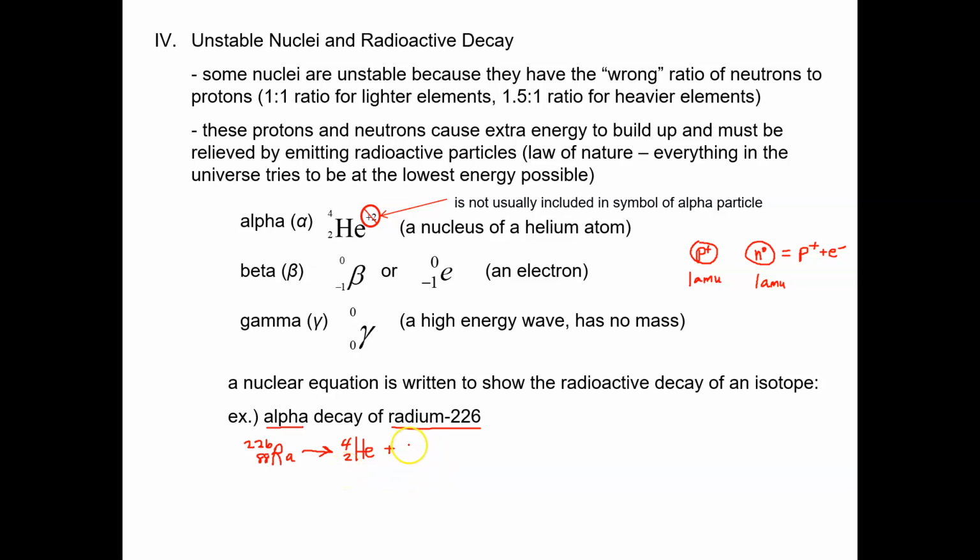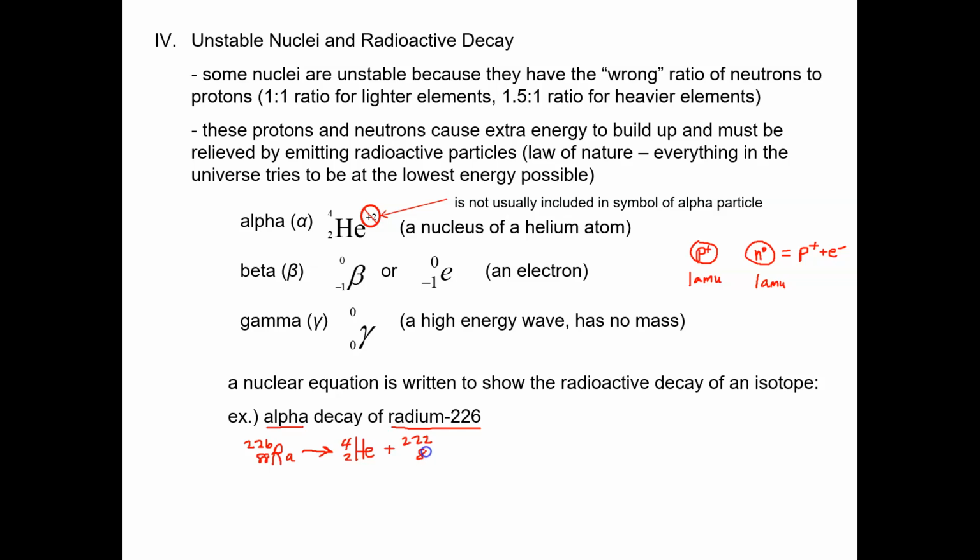Well, we can figure this out by doing some really simple math. We know that the mass of radium-226 to start was 226. It released a mass of 4 from the alpha particle. What's left? Must be 222. If radium originally had 88 protons, and it released 2 of them, how many are left?